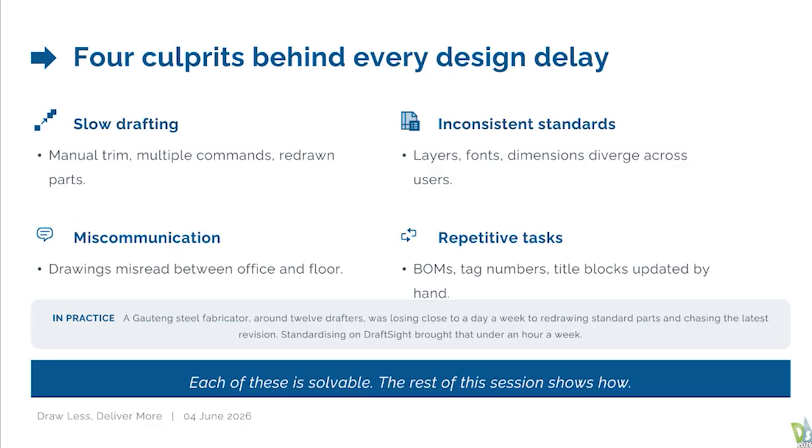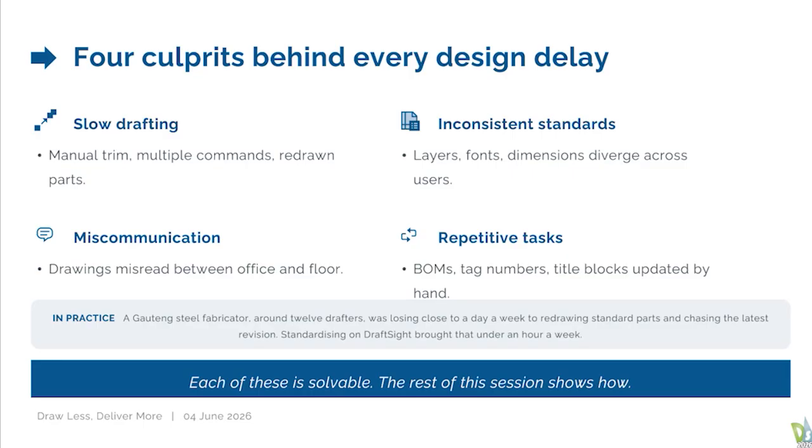Number one, the main thing is slow drafting. Again, this is not a skills issue, but manual, tedious tasks that designers do on a day-to-day basis, and this does cost hours: multiple commands and redrawing the parts over and over again. Inconsistent standards: layers, fonts and dimensions diverge across users.